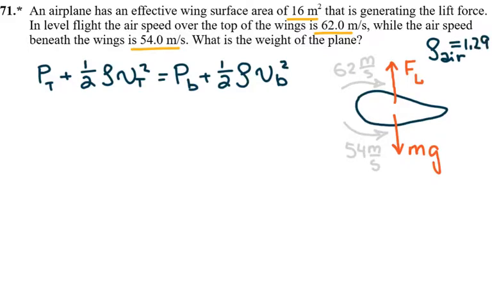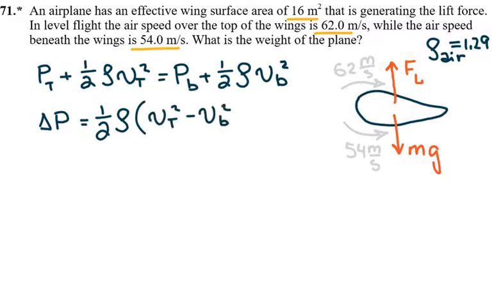So now I have the difference of the pressure between the bottom and the top is equal to 1/2 the density of the air and the velocity on the top squared minus the velocity at the bottom squared. Just the same as we did in the previous question.